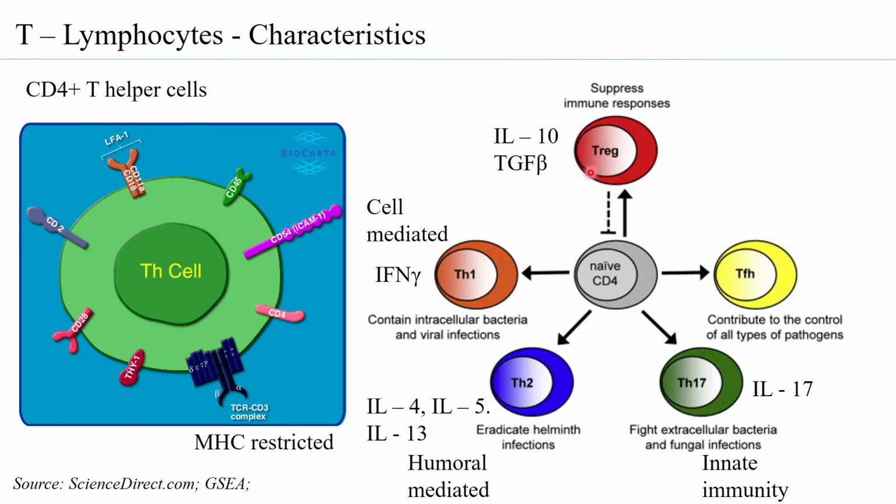Therefore, T regulatory helper cells have been associated with preventing autoimmunity, while these are able to activate immune cells that contribute to innate immunity. And therefore, you can see how the CD4 plus T helper cells are helping in various immune responses.